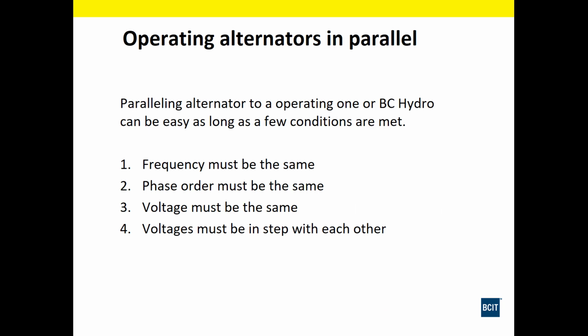Awesome. Now let's have a look at how we operate alternators in parallel. It's pretty common to add another alternator to a system to increase your capacity, because you don't want to underutilize your alternator. You always want your power system to operate at its top 20% of capacity. Things are more efficient, as you notice with motors.